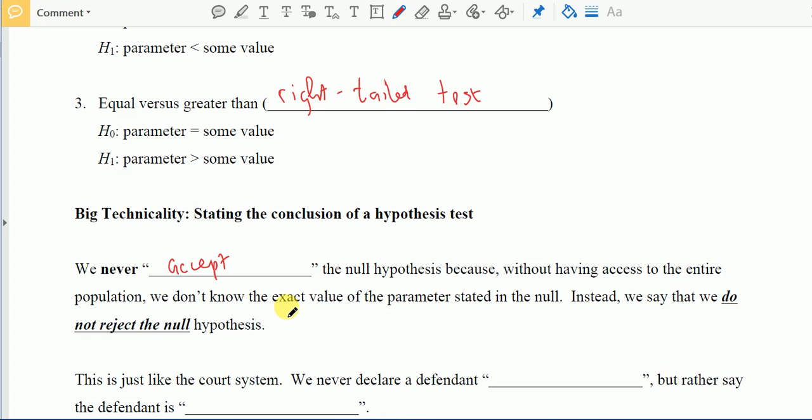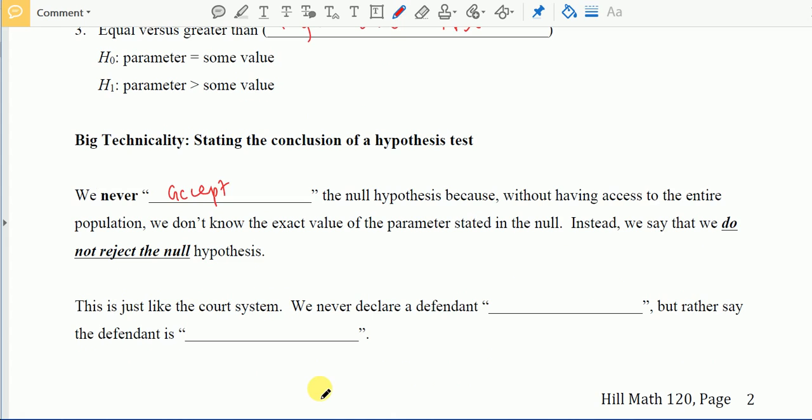This is just like the court system. We never declare a defendant innocent, right? You never say that that person is innocent, but we may say that he or she is not guilty.